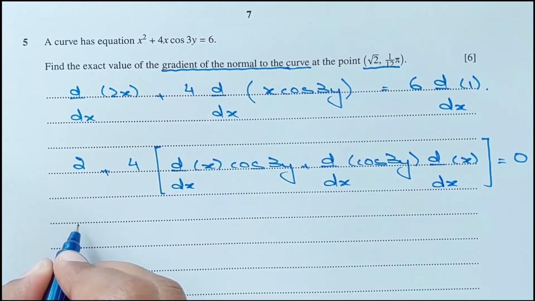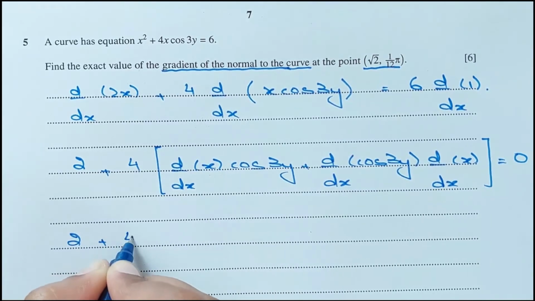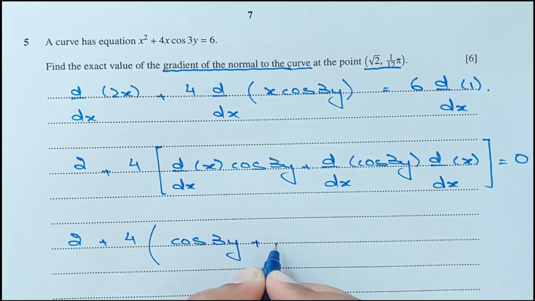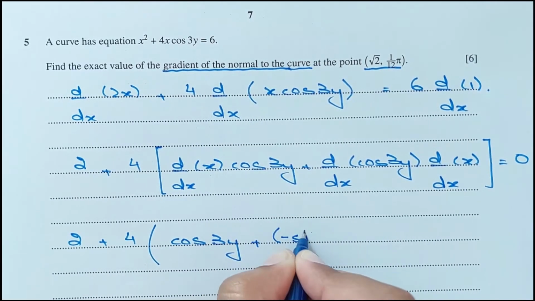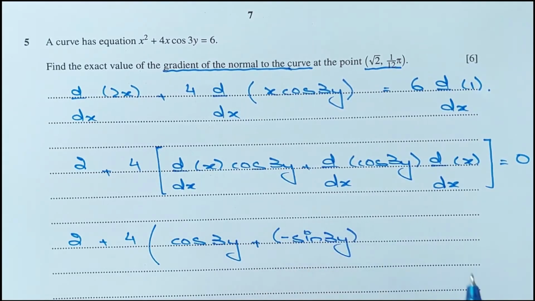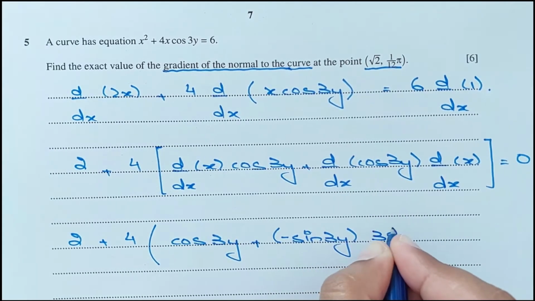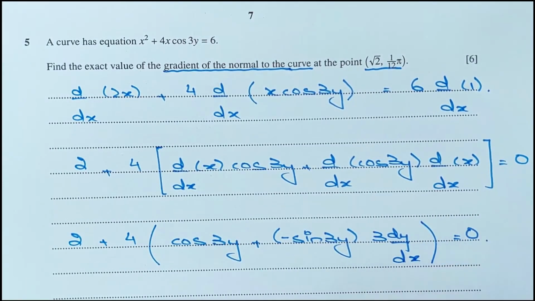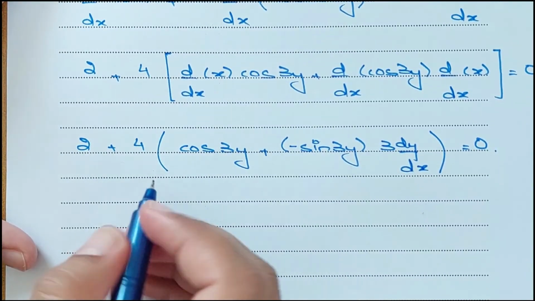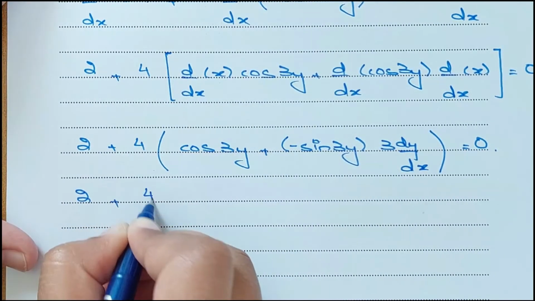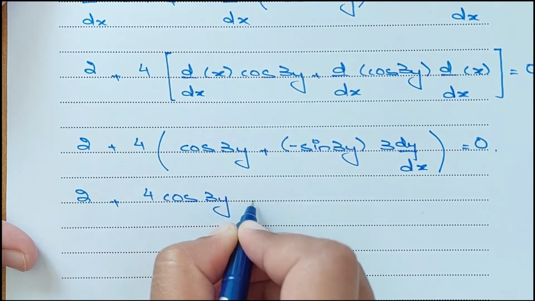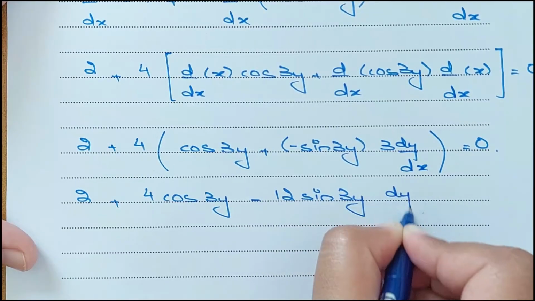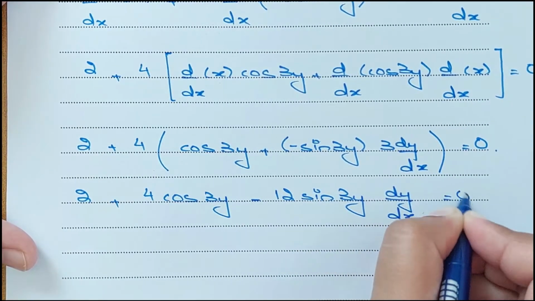Okay, so we have 2 plus 4, this is cos 3y, plus the derivative of cos, which is minus sine 3y, and the derivative of 3y is 3 dy over dx, and dx over dx is 1, equals 0, right? So this is 2 plus 4 cos 3y minus 12 sine 3y dy over dx equals 0.